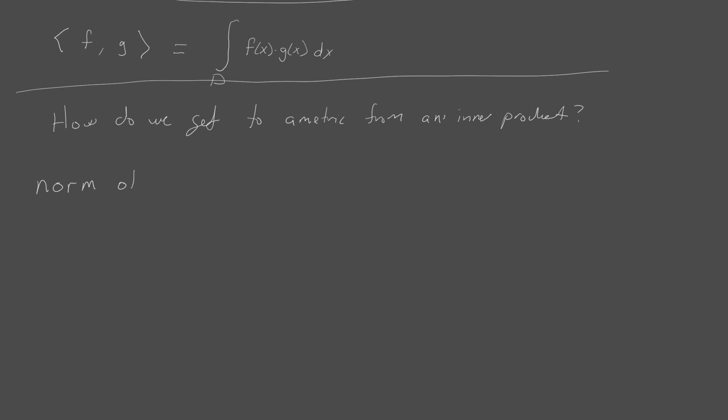A norm of a vector is a function with double bars, and it's going to take the vector space and send it to the field again, which we're going to say is R. It's going to satisfy a couple things. The norm of x is bigger than or equal to 0, with the norm of x equal to 0 if and only if x equals 0. So we've got that positive definite idea again.